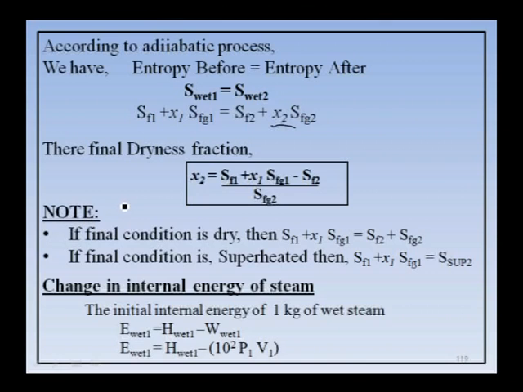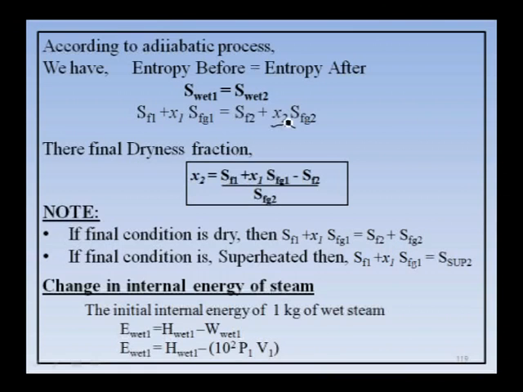So, here there is a note similar to other processes. If the final condition is dry, that means after finding X2, the value of X2 becomes exactly 1, then the final condition of the steam is dry, and the relation becomes Sf1 plus X1 Sfg1 is equal to Sf2 plus Sfg2.